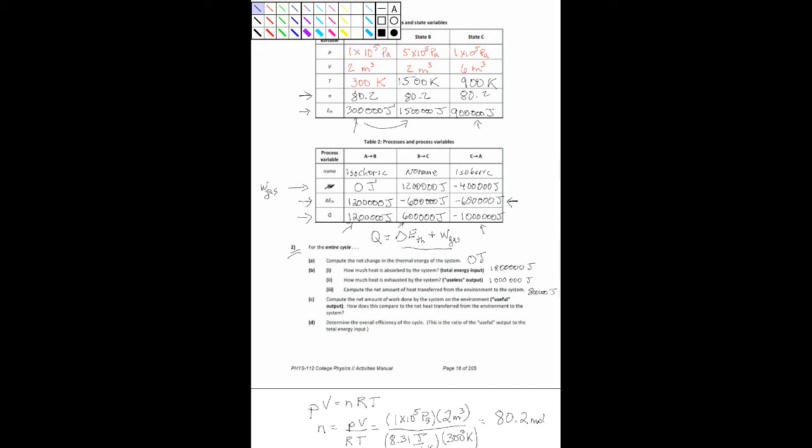Okay, so let's look at part C. We want to compute the net amount of work done by the system on the environment. Okay, well, here we go to this line of table 2. We look at the work done by the gas, and again we just add all of those works together, and so we have 1,200,000 plus negative 400,000, and that gives us 800,000 joules.